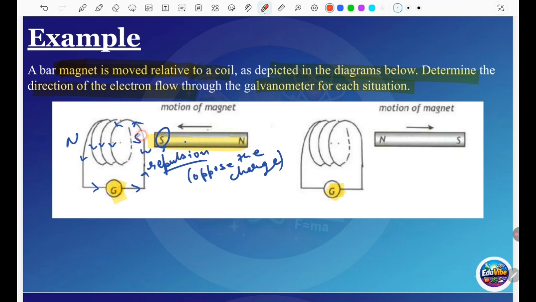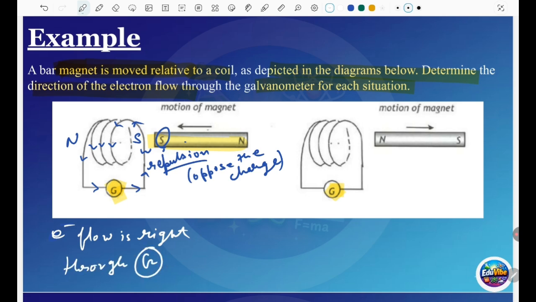That direction will show the electron flow, because electrons flow through the wire. So what's the direction of this? This is the right direction. So for this one, the electron flow is right through the galvanometer. For this one, again, it's the same thing.